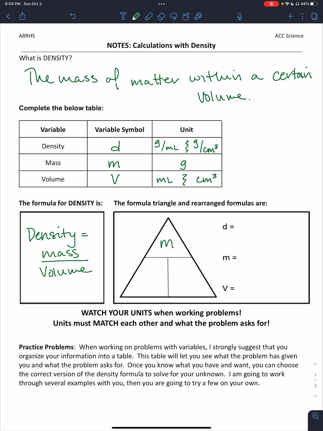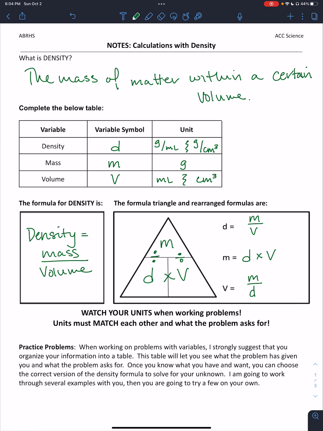We put mass up top, density and volume below, and dividing mass by volume equals density, or mass equals density times volume. So we get our three formulas: density equals mass over volume, mass equals density times volume, or volume equals mass divided by density. Now you don't have to memorize these formulas.